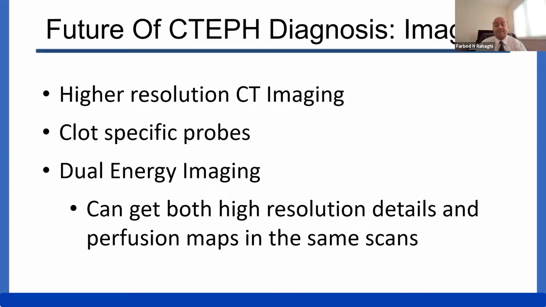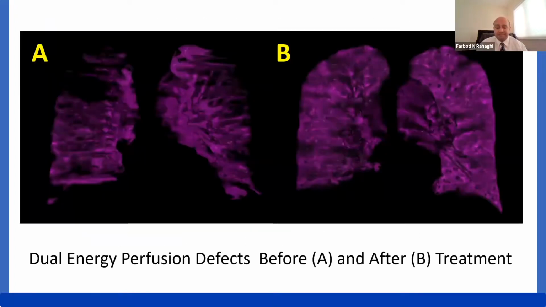And dual energy imaging is allowing us to use a CT scan and contrast that we use to look at acute pulmonary embolus and CTEPH, but also get information about the perfusion. This is an example of a 3D reconstruction of a perfusion image from a dual energy CT scanner. These scanners are available now in most centers in the US and Europe that do CTEPH work and see CTEPH patients.